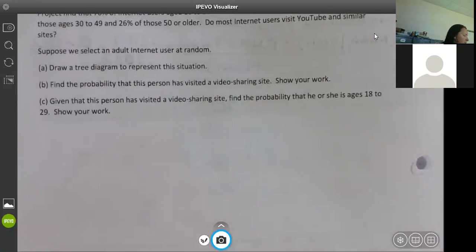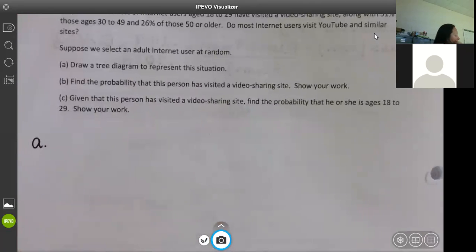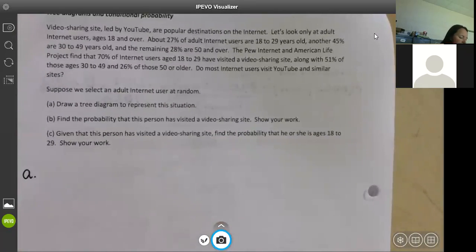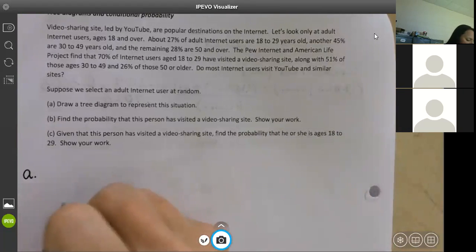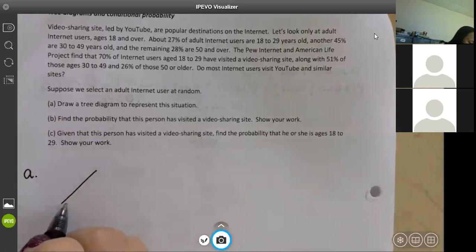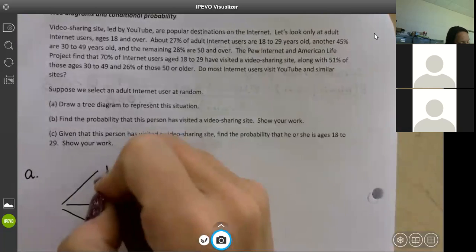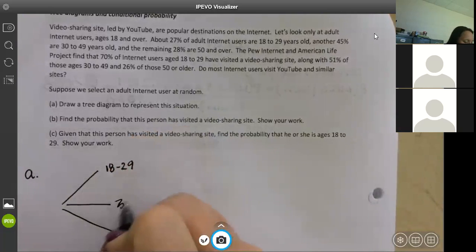So we'll start with that one. And then we're going to start with our age groups. So how many different age groups do we have? Three. So I'm going to make 3 branches. The first one was 18 to 29. The second one was 30 to 49.